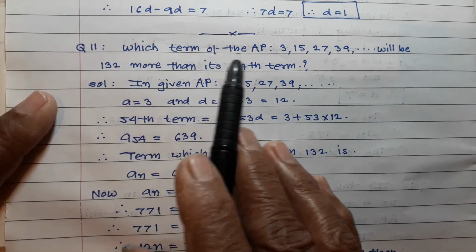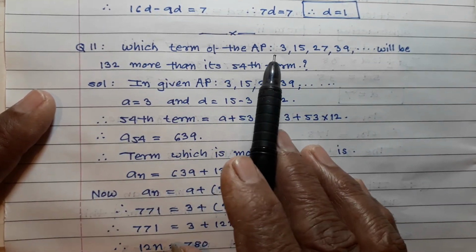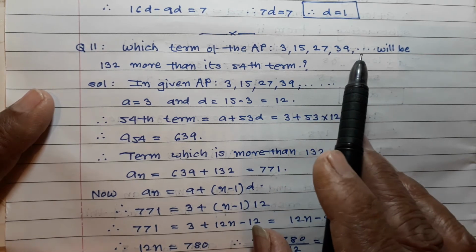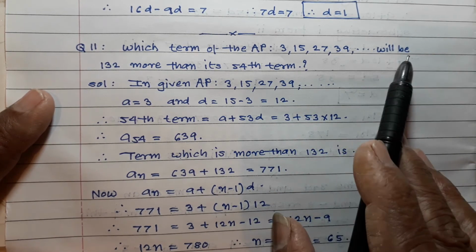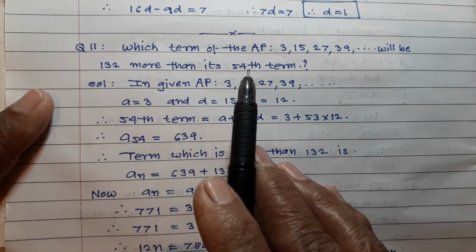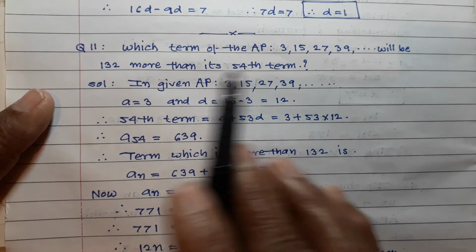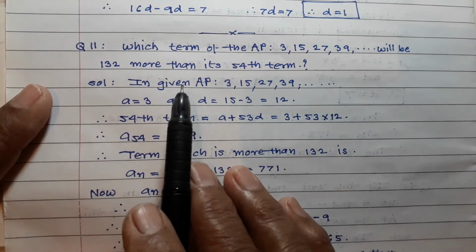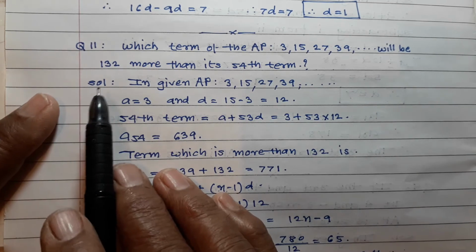Question number 11. Which term of the AP 3, 15, 27, 39 and so on will be 132 more than its 54th term? Now this example is slightly complicated, so try to understand the solution.